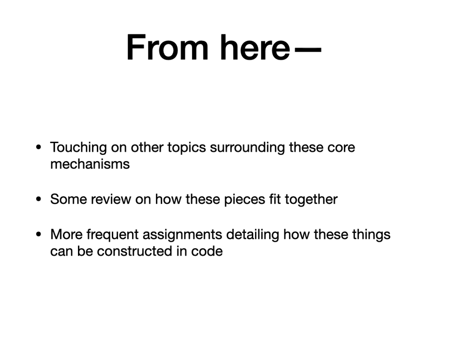We're going to focus more on conceptual things from here on, but we're also going to have a little bit more frequent assignments to detail how these things work in code, how to build these things, right? So I want you to have that working understanding, and not everything so far, but many of the things we talked about we will implement.